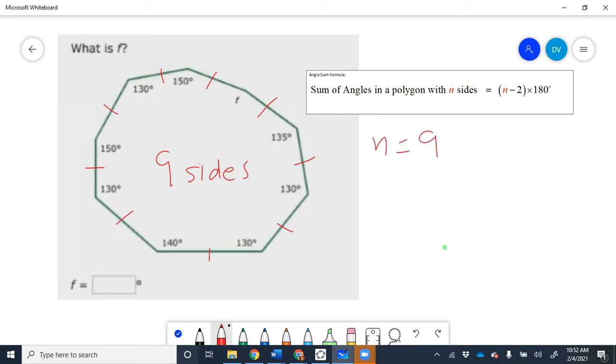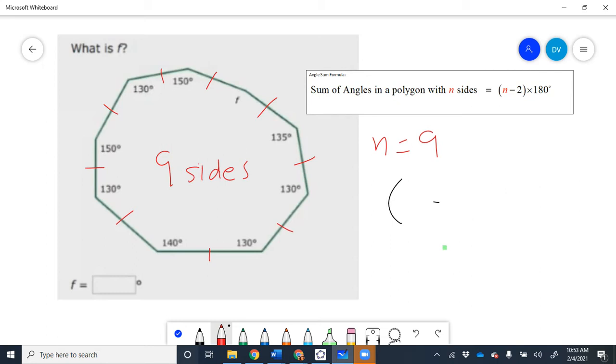And all we want to do is replace the n in that formula. I'm going to write it again. That formula says n minus 2 times 180 degrees. You don't need to write the times symbol if you don't want to.